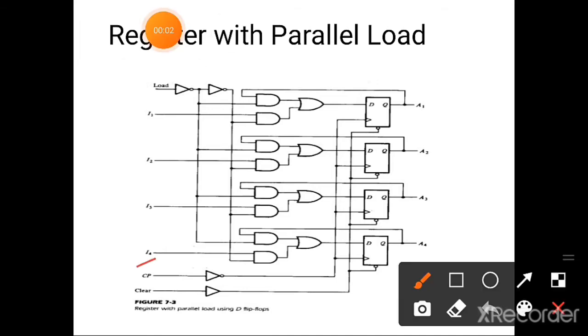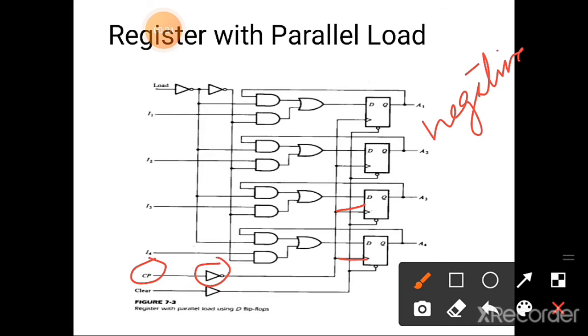Here the clock pulse is applied. The clock input of the register receives continuous synchronized pulses, and these pulses are applied to all flip-flops. In this clock path, we know that there is an inverter. This causes all the flip-flops to be triggered by the negative edge of the incoming pulse.